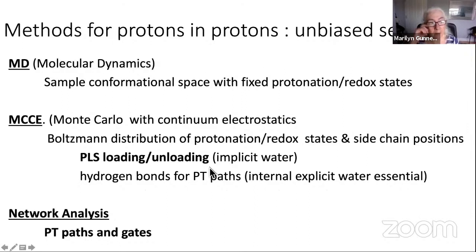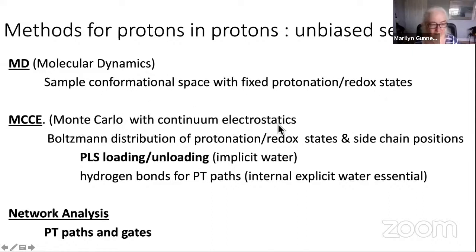And in our lab, we use molecular dynamics. We've actually done a lot of this with QC and with other people, with Abhishek Singharoy, to get molecular dynamics trajectories, although we do our own now. That samples conformational space with fixed protonation and redox states.